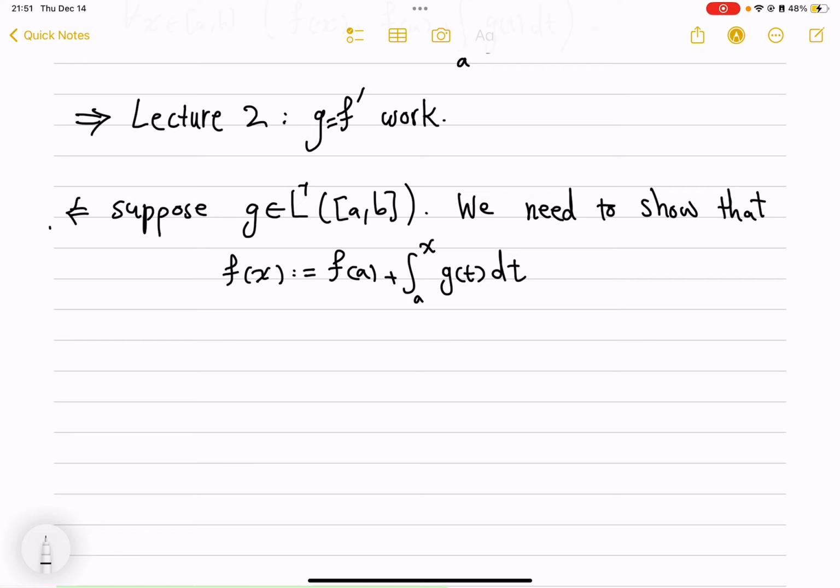We need to show that this function defined this way, which is well defined because g is in L1, so for any x this integral is well defined, and f of a is just one quantity we add, will be absolutely continuous.